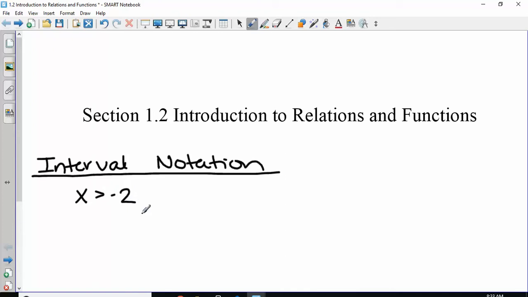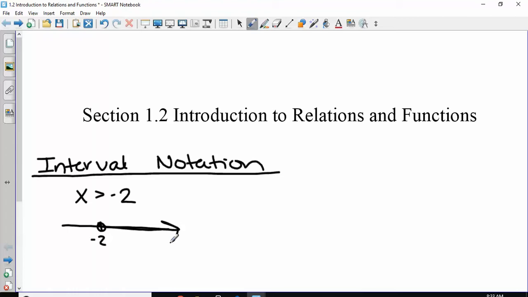that's inequality notation, set builder notation. What that means is you are starting at -2 and you had anything larger than that. Interval notation sometimes looks like an ordered pair. It gives a starting and a stopping point.